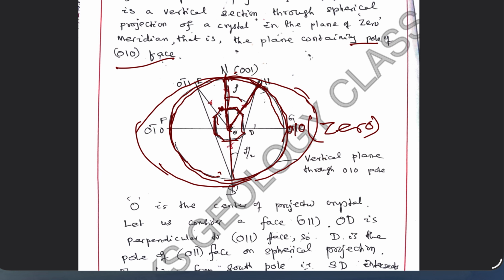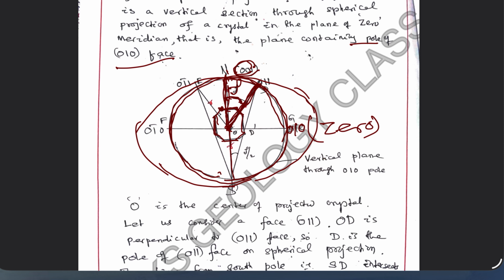The angle between this north pole and this face is described as rho. So this face has a rho angle with this face.